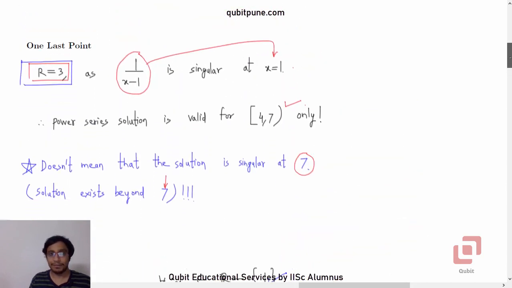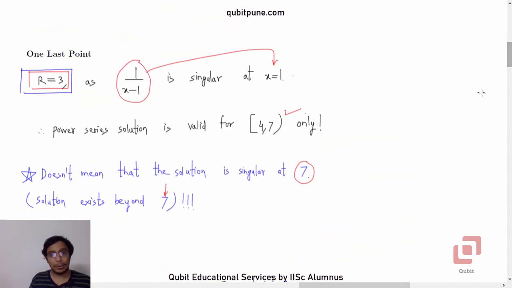Now all these last points that we have discussed, even if you don't write them in the solutions, it's okay. What you have to do is make sure that you write what r is. And if the question is explicitly asking you to mention the region of convergence or region of validity, then you write all these arguments.